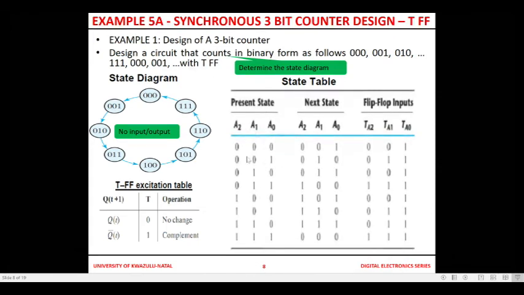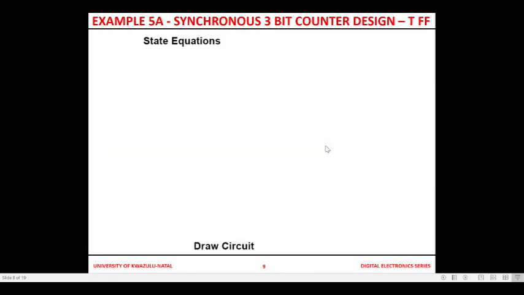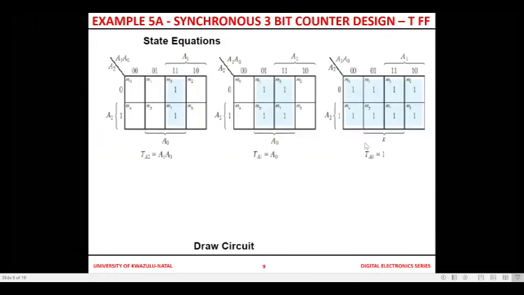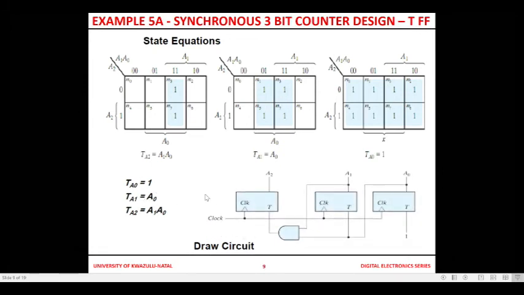Binary encoded state table, present state, next state, flip-flop inputs. We are using T flip-flops, TA, TB, TC. From that, we get the T equations and then use the Karnaugh map to minimize. So the procedure is still the same. Then you will get TA is that, and that. So that is your circuit.